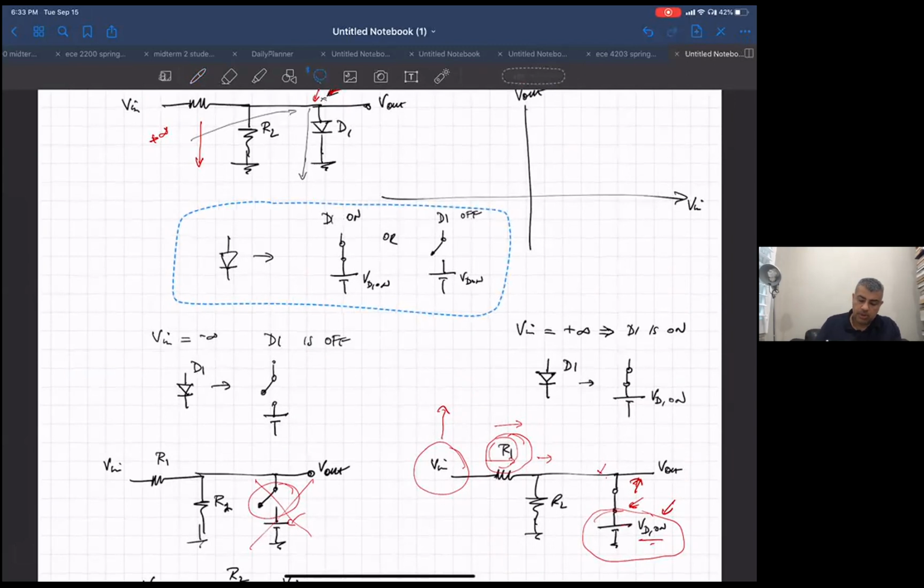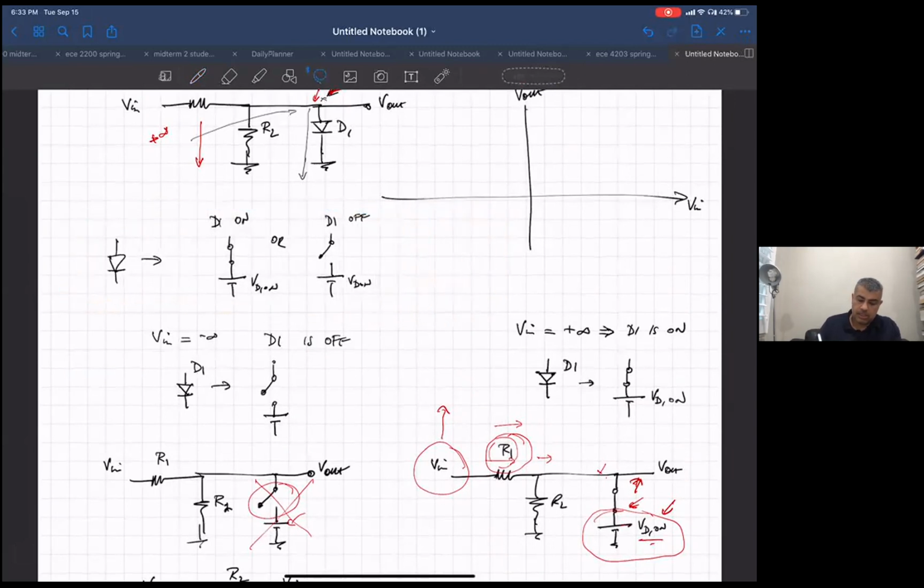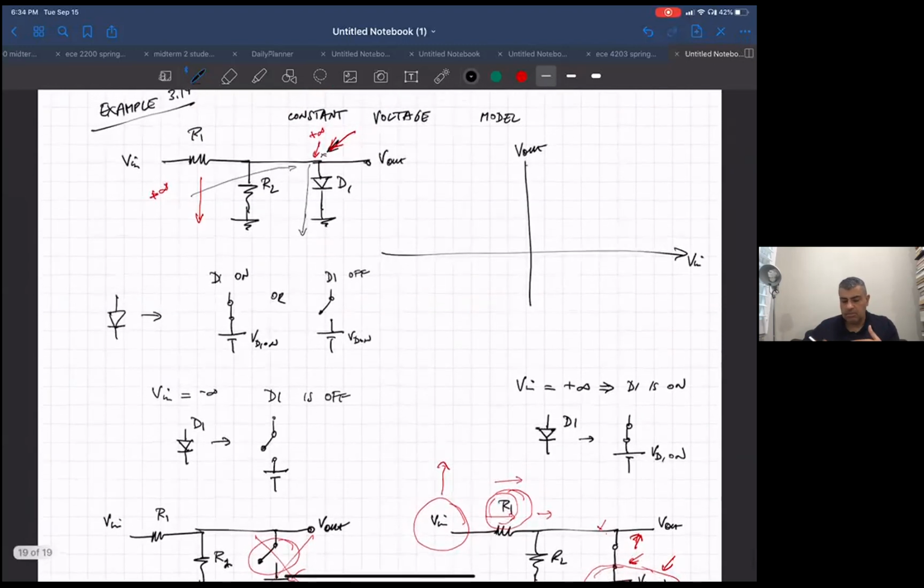Any questions about what I just said? Again, we're doing this step by step. This analysis of making Vn very negative or very positive is the first thing we do, the first step in the analysis, and we do it regardless of constant voltage or ideal diodes.